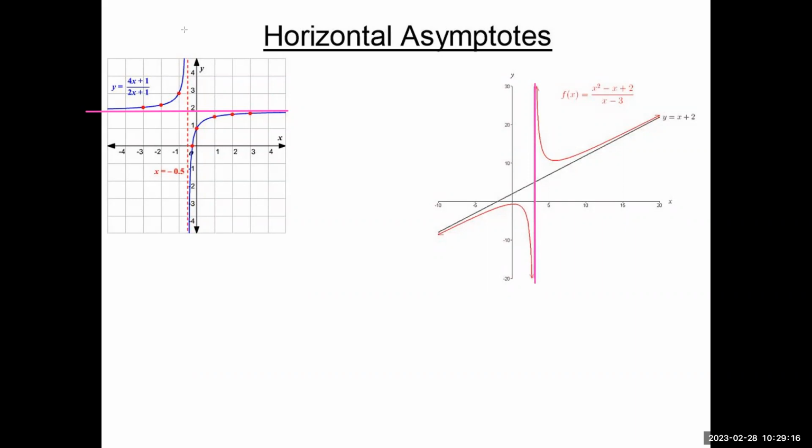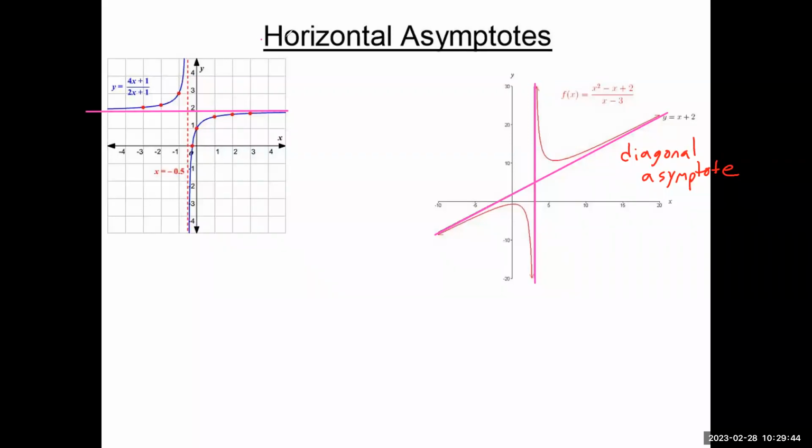But then we don't have a horizontal asymptote. We have this right here, and this is neither vertical nor horizontal. It's called a diagonal asymptote. All right, so three types: horizontal asymptote, vertical asymptote, and diagonal asymptote.